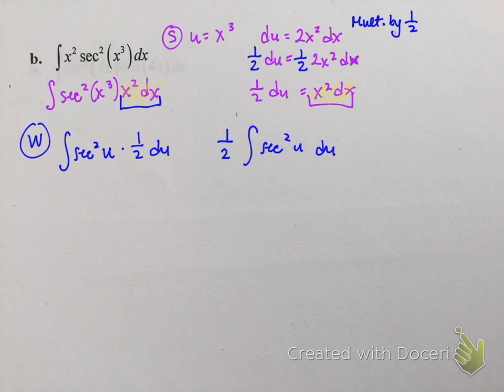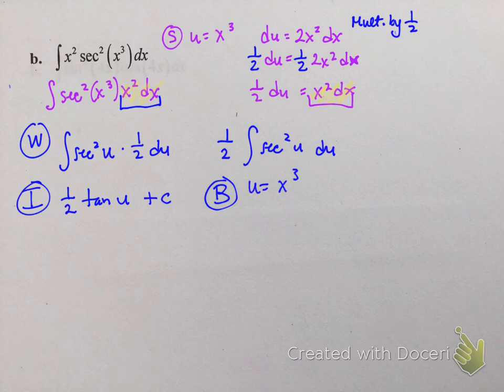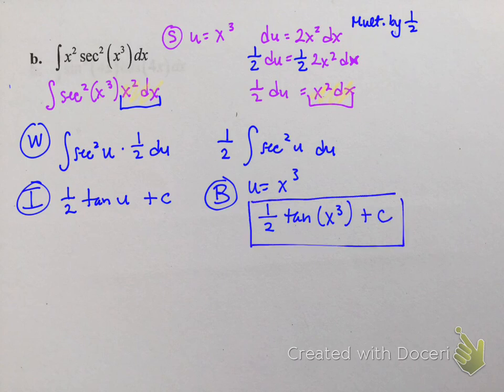If I integrate it, remember that secant squared u is tangent u plus c, and now all I have to do is back substitution. Okay, so remember that u equals x cubed, so I get 1/3 tangent of x cubed plus c. So this is my answer.